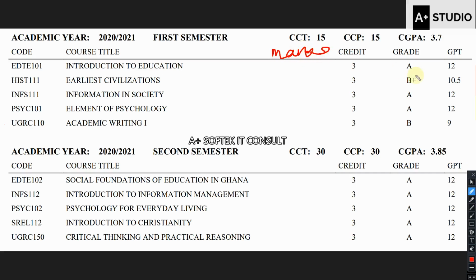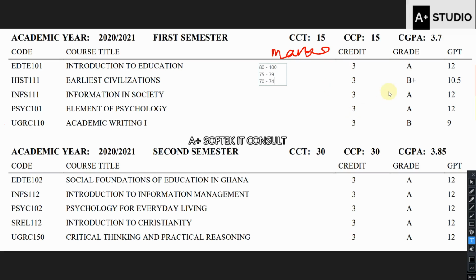But we learned that if a student gets an A, it falls within 80 to 100. If you remember, an A was 80 to 100. B plus was 75 to 79. B was 70 to 74, and it moves on and on.